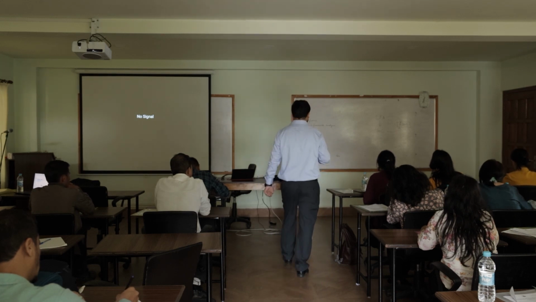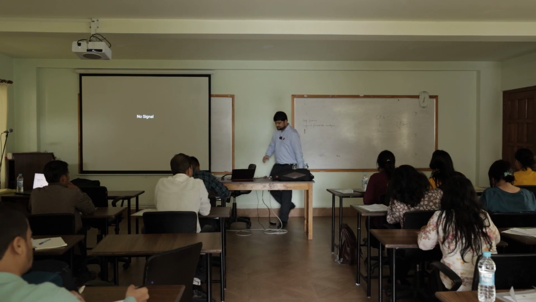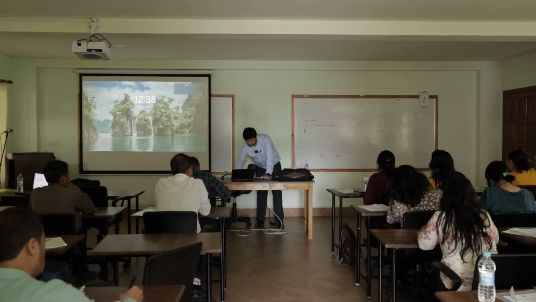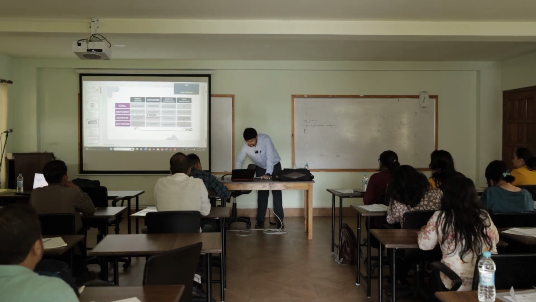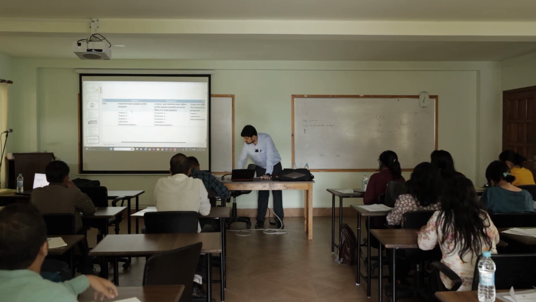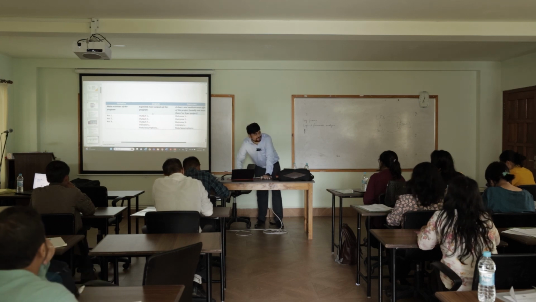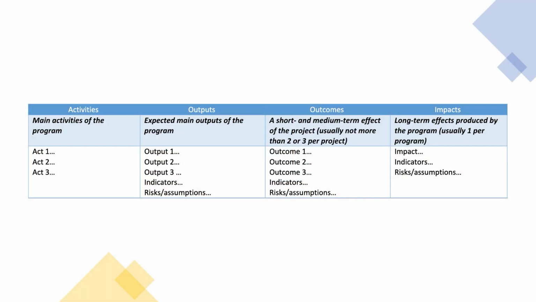Now RBMs usually have this format. It starts off with activities on the left hand side, mentions the outputs on the right hand side, followed by outcomes and impacts. But there is a lot of customization that has started happening to the RBMs also.